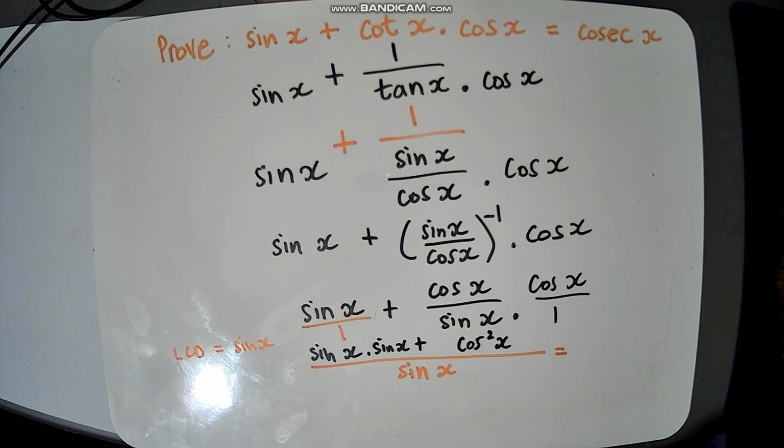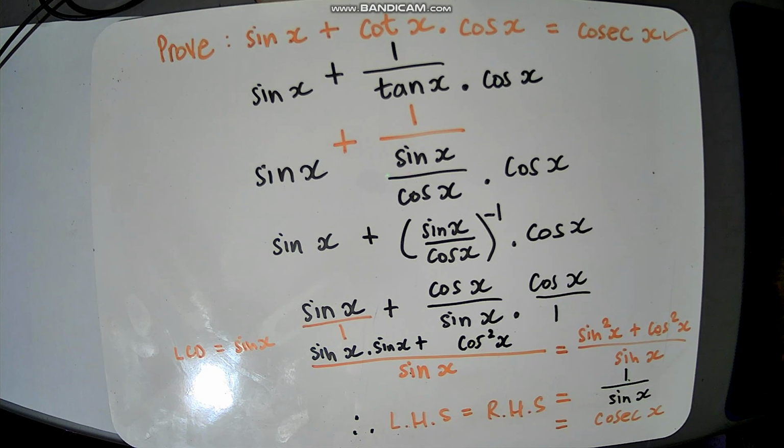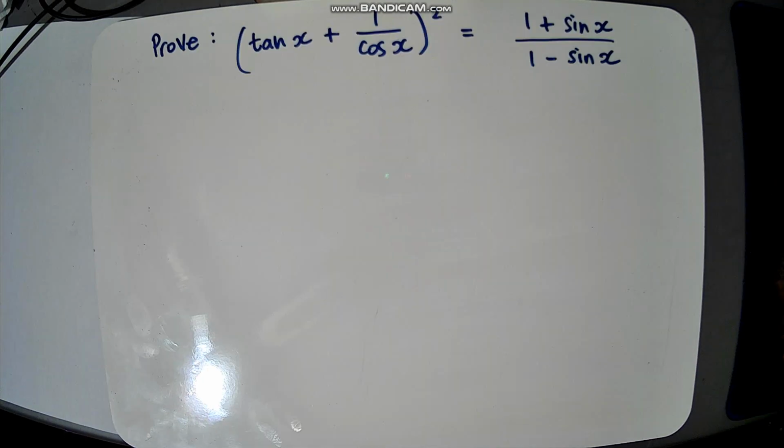Multiplying sine x times sine x, we'll get sine squared x plus cos squared x over sine x. Trig identities, sine squared x plus cos squared x is equal to 1. 1 over sine x. So notice 1 over sine x is cos x. Therefore the left hand side is equal to the right hand side.